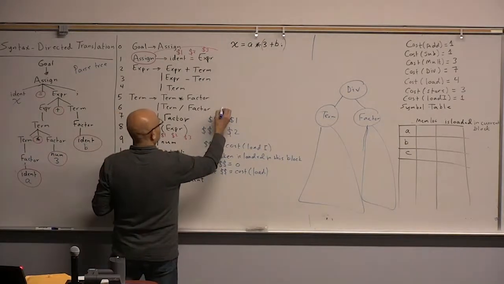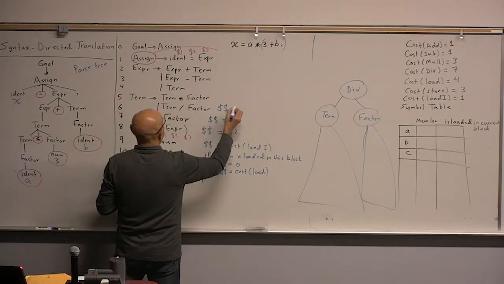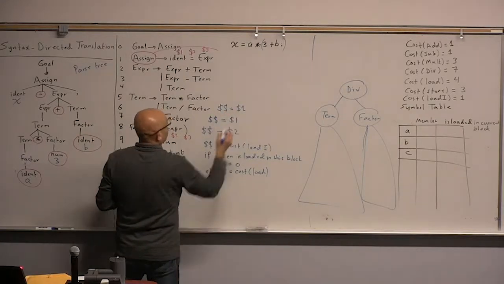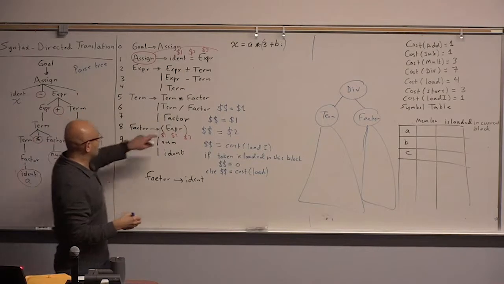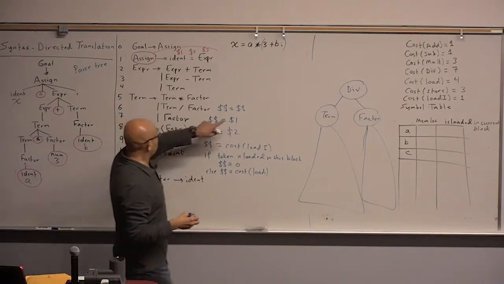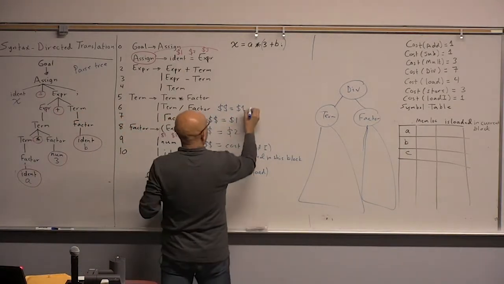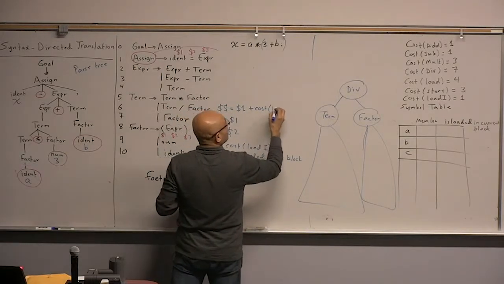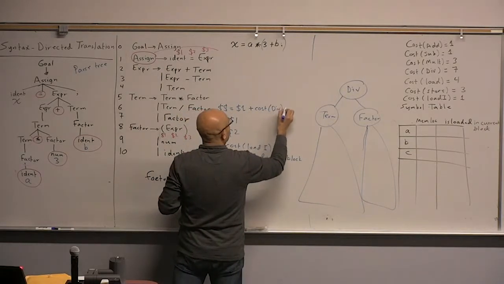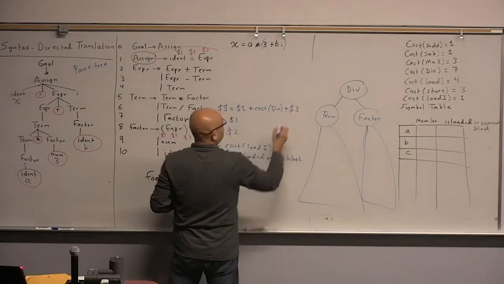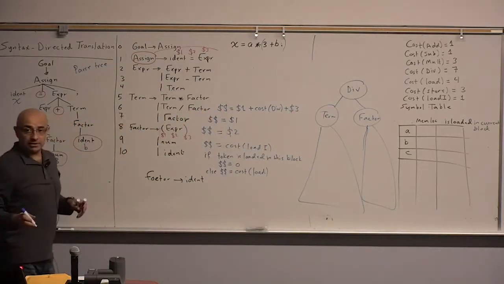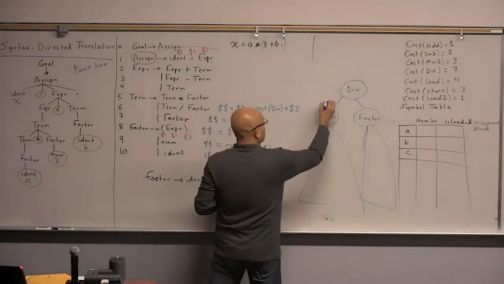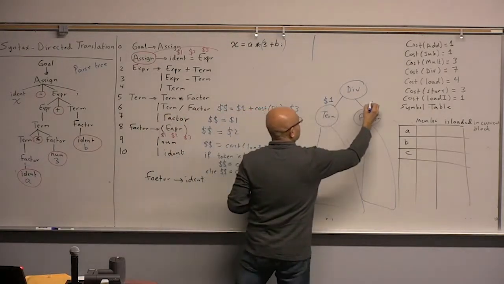It would be $$ equals $1 plus cost of divide plus $3. So when we are doing the divide, this is $1 and this is $3.